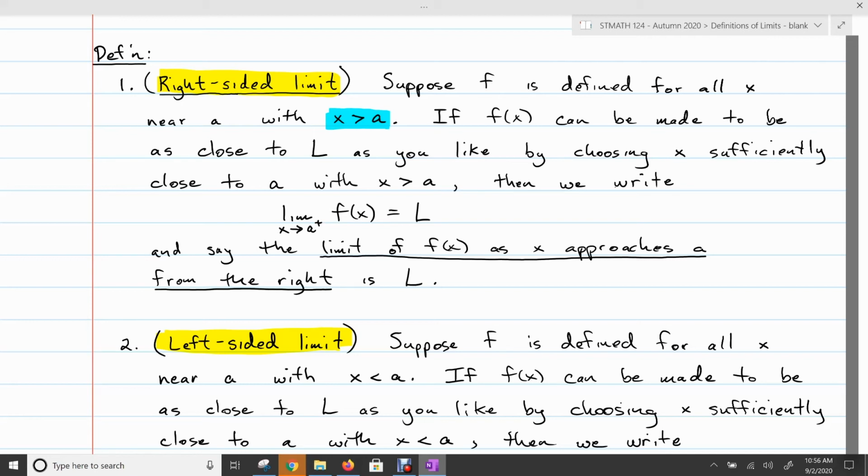Same idea, if you can make your function values as close to this limit L as you like by choosing your x's sufficiently close to a, but with x bigger than a. And notice that saying x is strictly greater than a excludes the possibility that x is equal to a. So we still have the same thing as before where we're not allowing x to be equal to a.